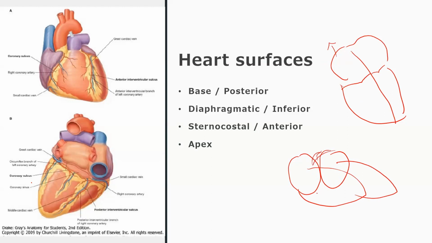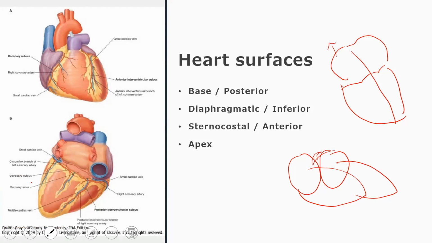Right? So can you tell me what is the chamber of the heart which makes up the posterior surface or the base of the heart? What do you think is the chamber here? That is the posterior surface.